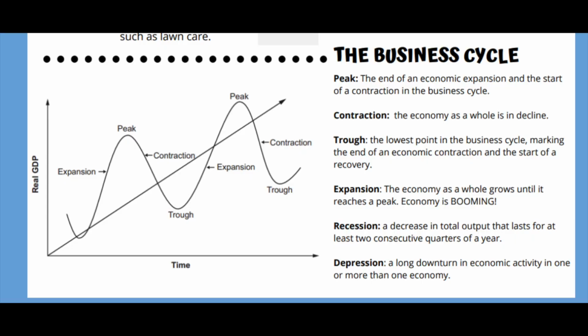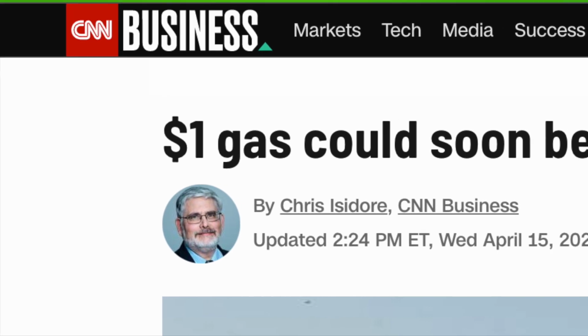We'll notice some inflation because people are spending money, so demand is increasing prices. In a contraction or a trough, the opposite is true. People are going to be losing their jobs, GDP is going to be falling because people aren't working, and prices do come down on certain goods. So that's something to consider.